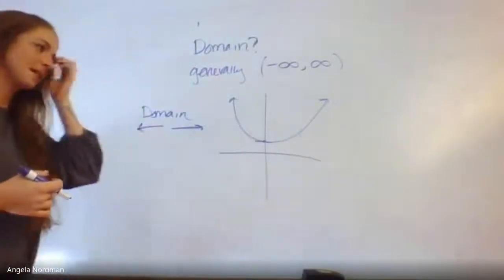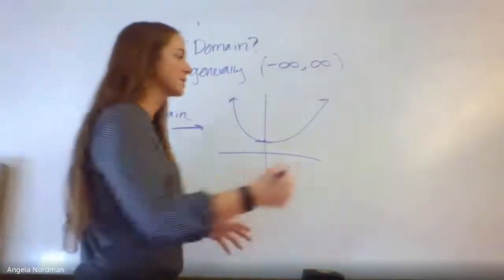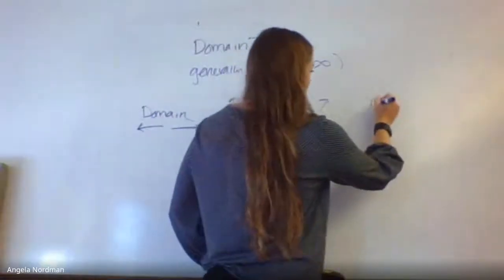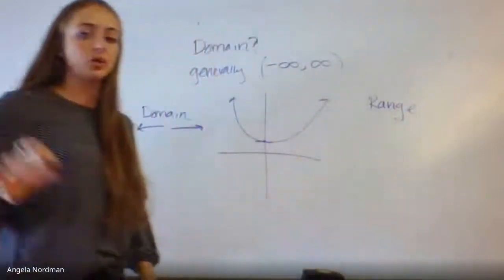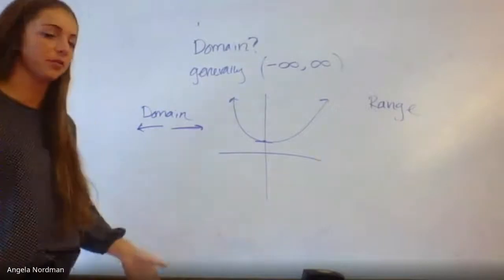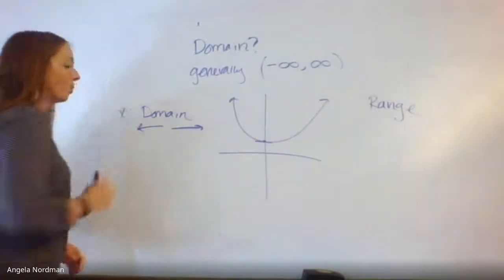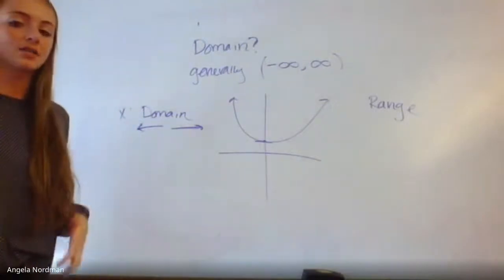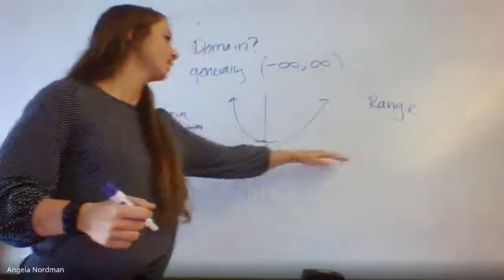So some students ask like, oh, I always get domain and range mixed up. Same, it happens. One way, and this is probably a really stupid way, but it works for me, and it's always worked for me. Like when I was in high school, I figured this out, and it worked for me my entire career now. So domain is dealing with your x values, right? I'm going along my x-axis, how far left and how far right.